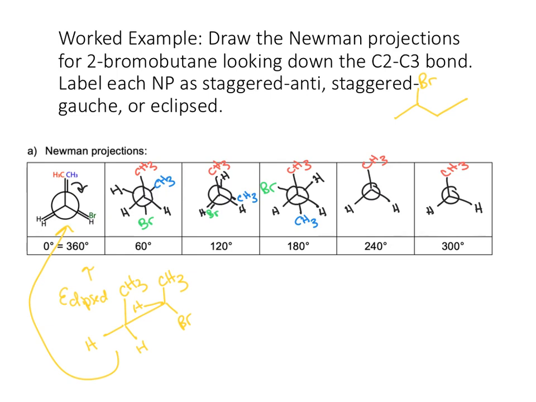Now I rotate again to the eclipsed conformer. Now the bromine is here at the top. The methyl is over here, and the hydrogen is here. And then finally, I'm going to go back to one more staggered.